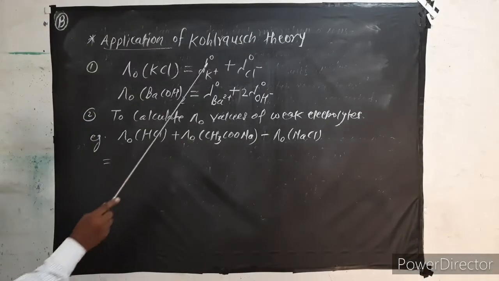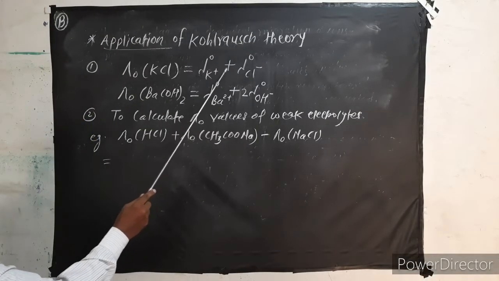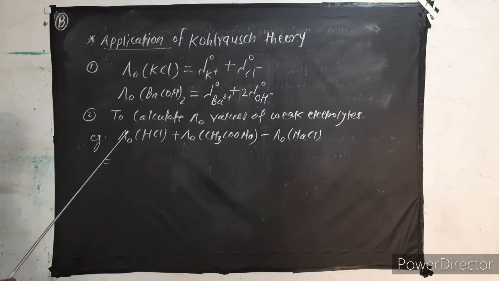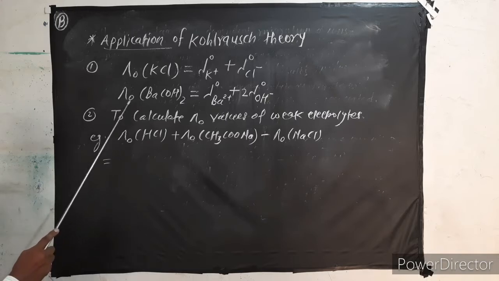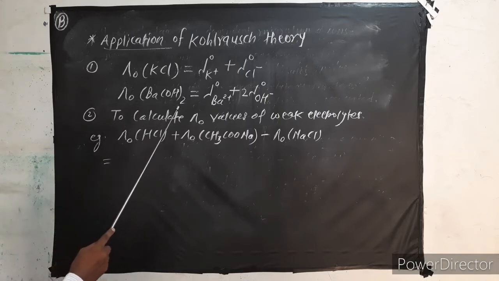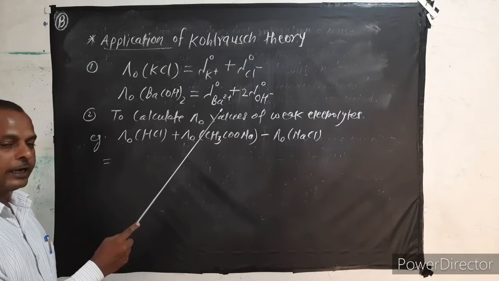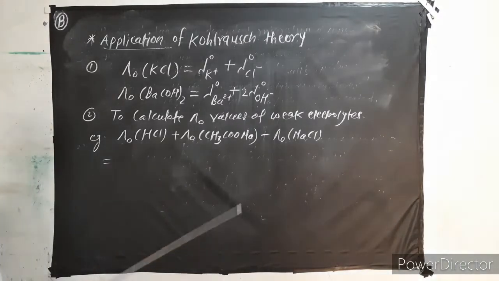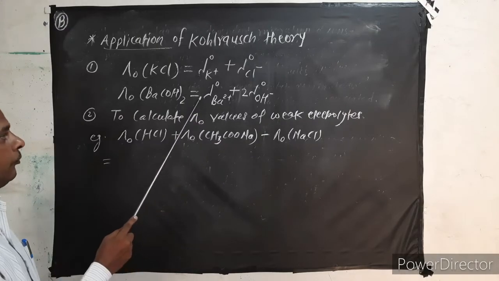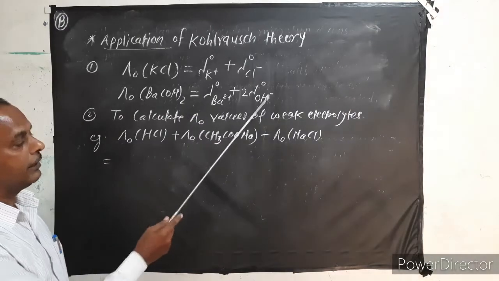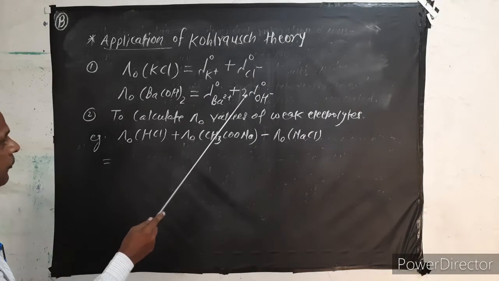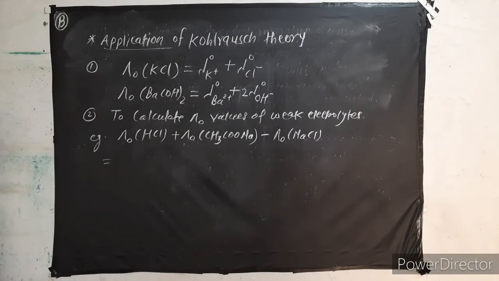The sum is the molar conductivity of potassium chloride. Second, barium hydroxide: with the cation barium and the anion hydroxide OH minus, if we know both molar conductivities at zero concentration, we can easily calculate the molar conductivity of Ba(OH)2.